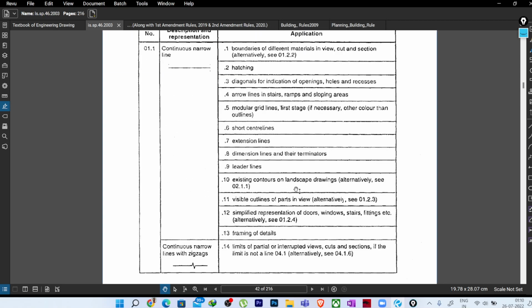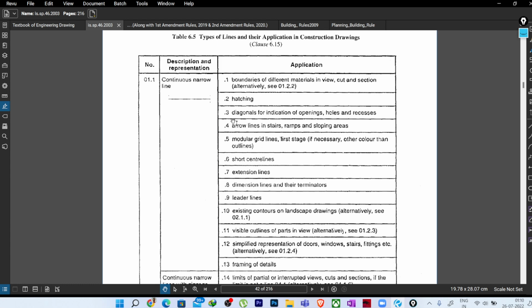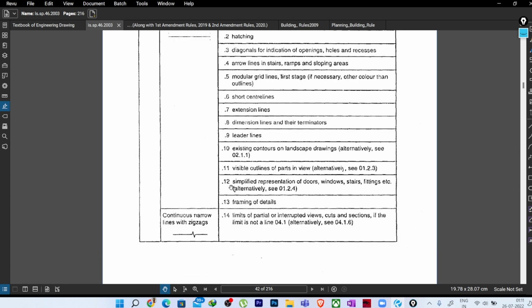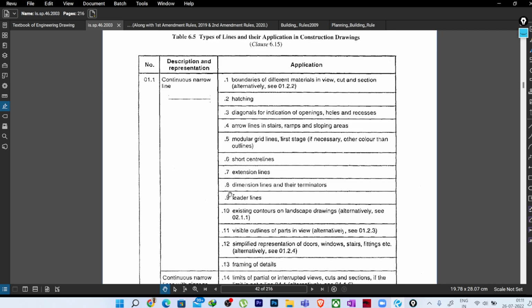From here you can see the continuous lines and their uses: for boundary of different materials in view, cut and section, hatching, diagonals for indication of openings, holes and recesses, arrow lines in stair, modular grid lines, short center lines. There are different other uses listed here in SP46.